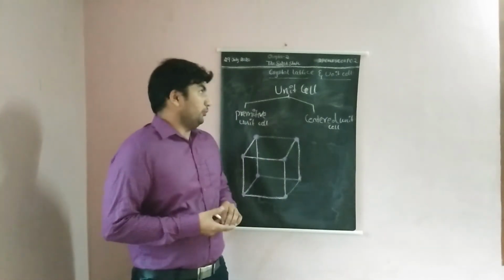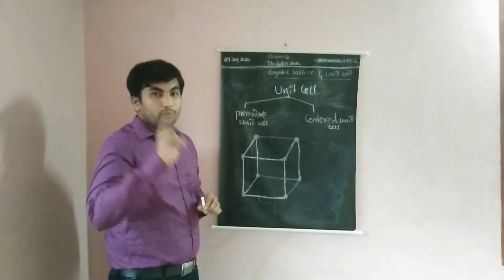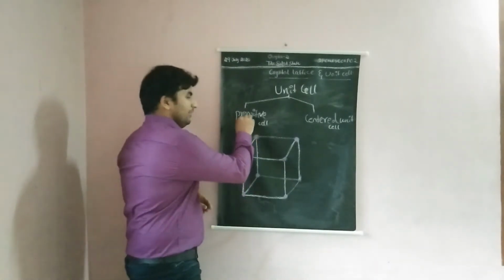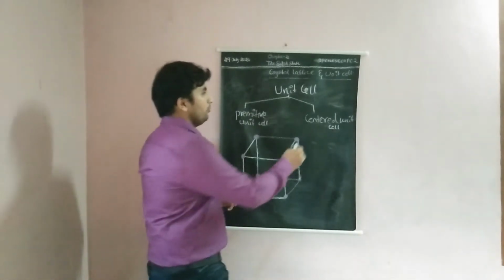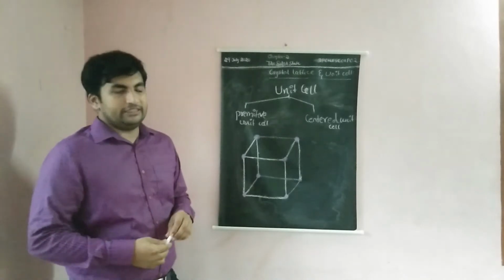So, we are looking into unit cell classification. There are mainly two classes: one is primitive unit cell and one more is centered unit cell. What is a primitive unit cell?